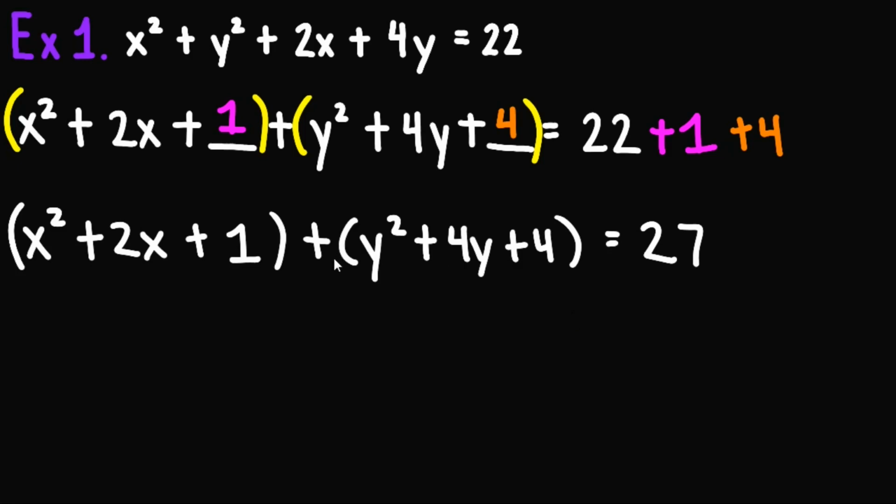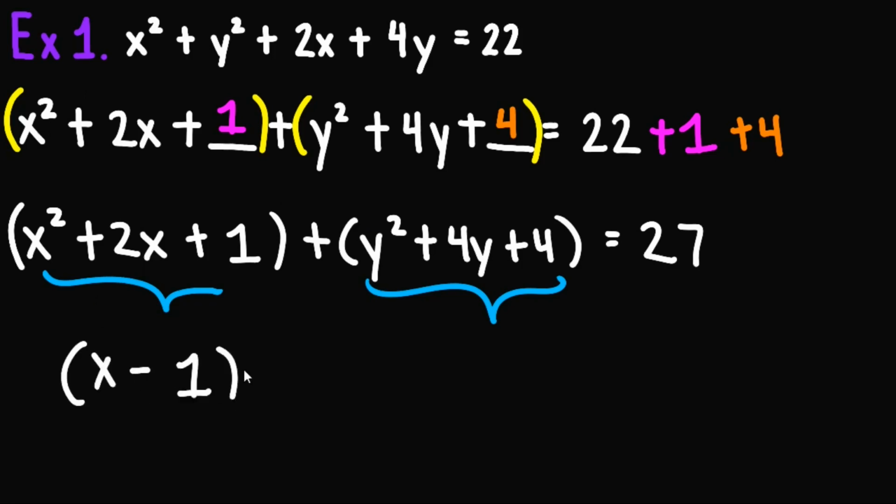And now we can apply the perfect square trinomial out here. So this one out here becomes (x + 1) squared plus, this is plus 1. There. And this one out here becomes (y + 2) squared.